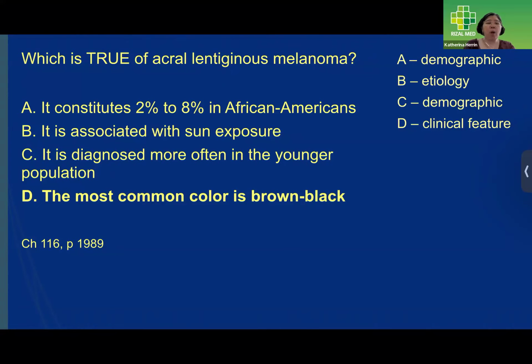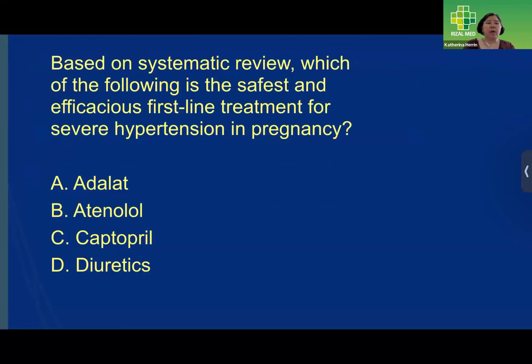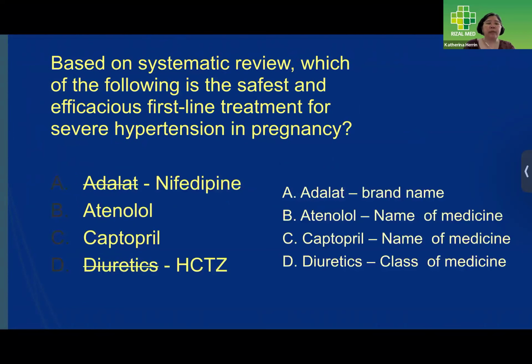So it can be all about demographic, or all etiology, or all clinical features. Or if you're asking about treatment, you homogenize the alternatives by formulating all of them as class of drugs only, or the name of medicine only, making the changes like so.